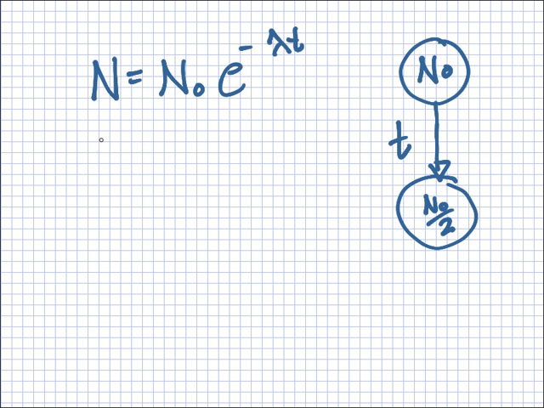So here I have n0 over 2 equals n0 e to the minus lambda t. I want you to find t from this. Give it a try, maybe? You'll make Joan very sad if you can't do it.